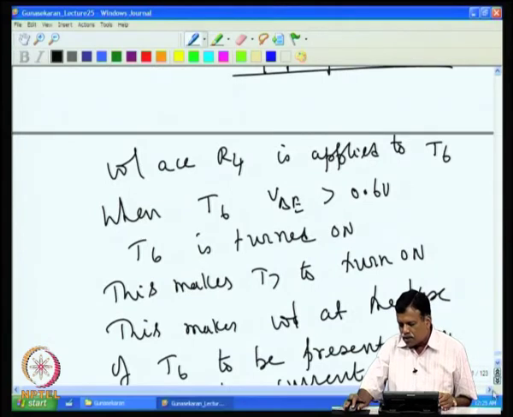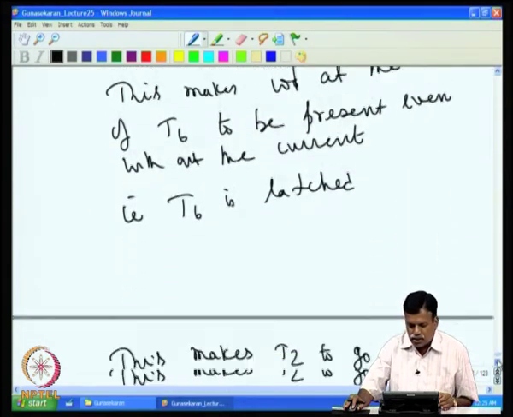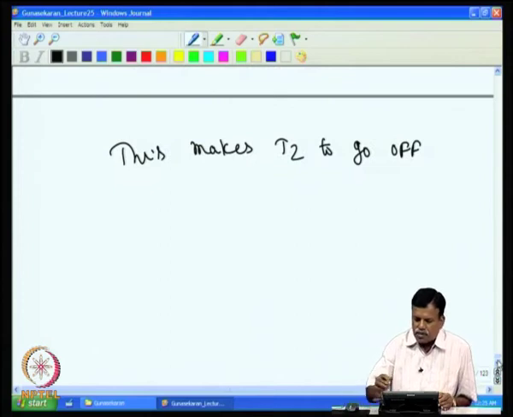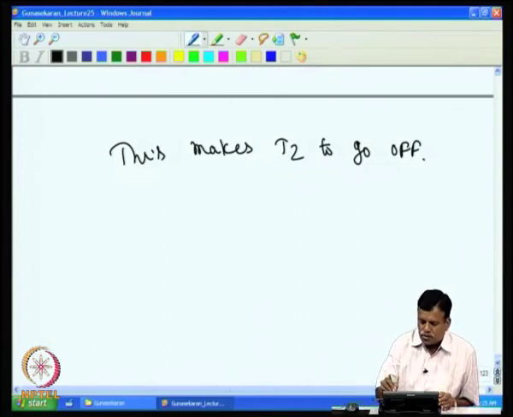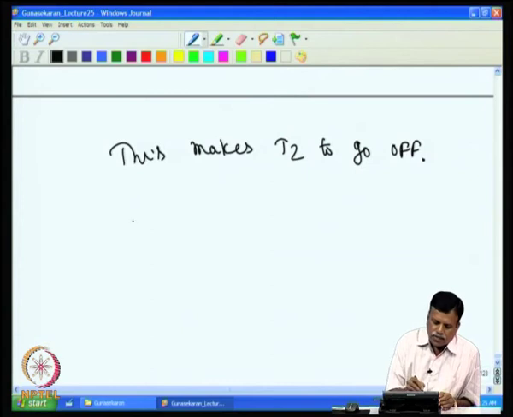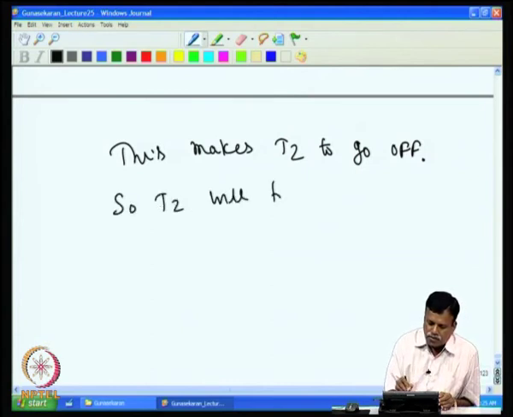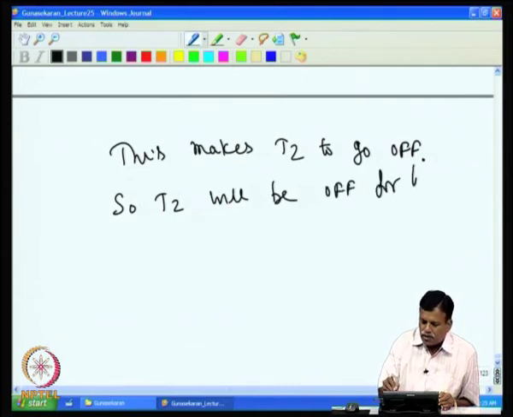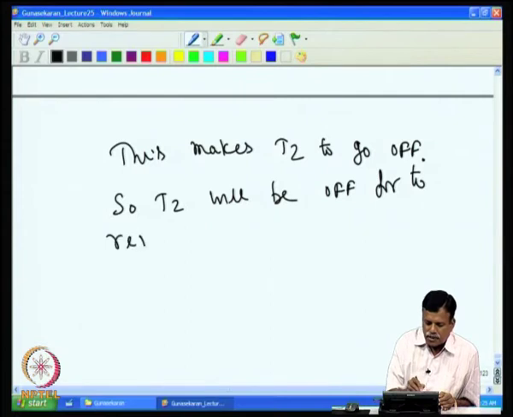That is, once the current exceeds this, it makes T2 go off. So, T2 will be off for the remaining period of the pulse.